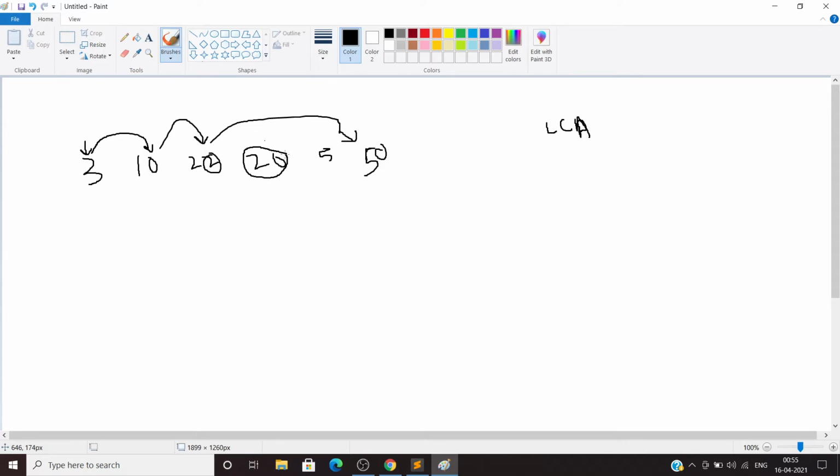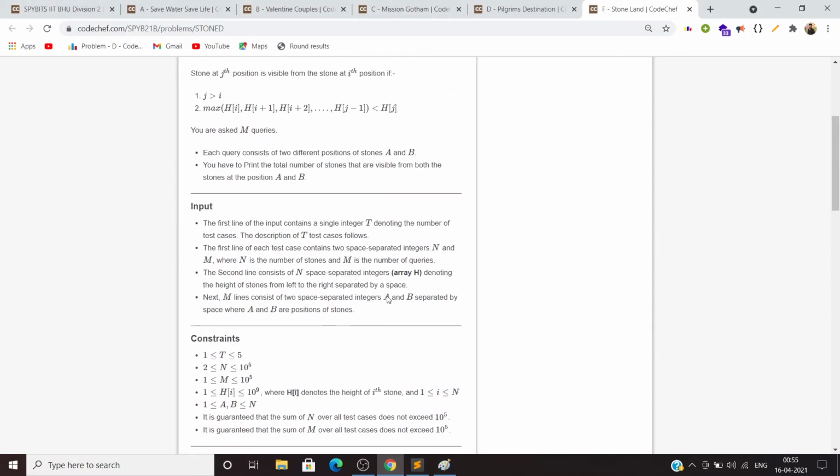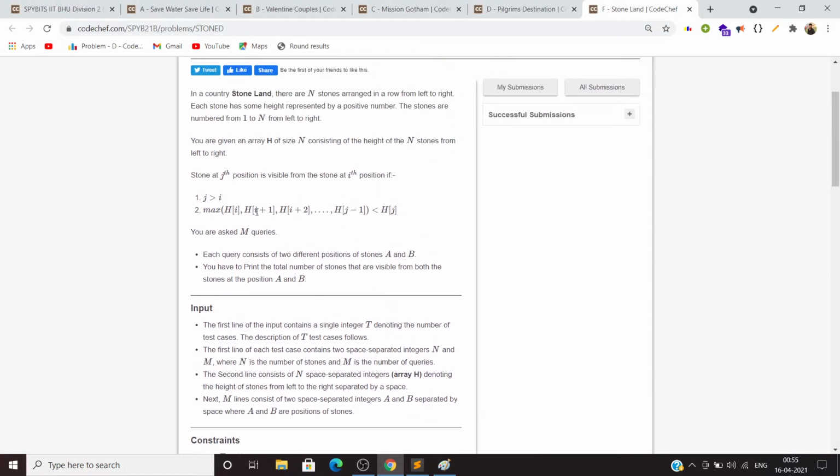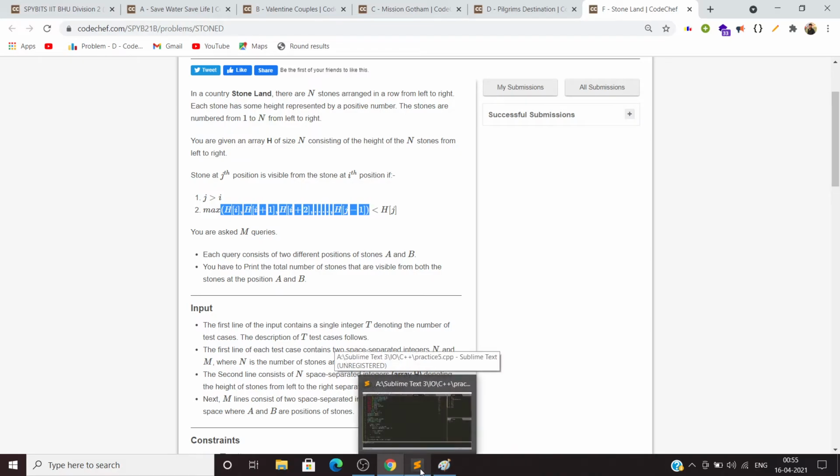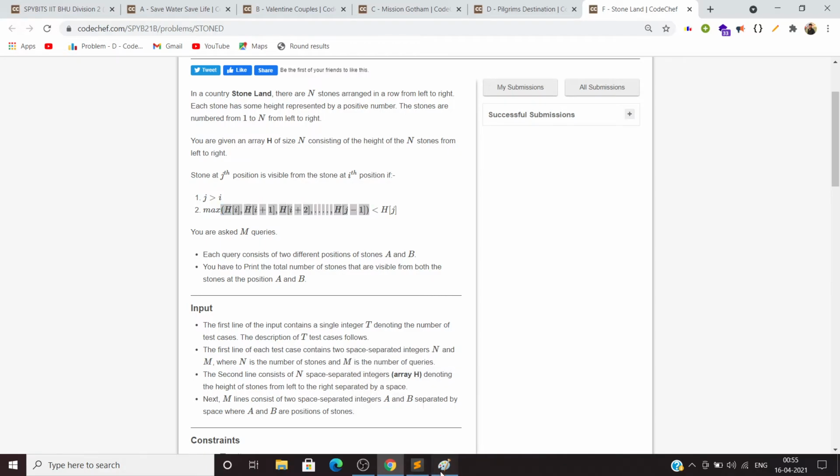As this 20 is not strictly increasing, and it is clearly said here that the height of j will be greater than all the positions behind that j. So basically we have to find the longest strictly increasing subsequence.